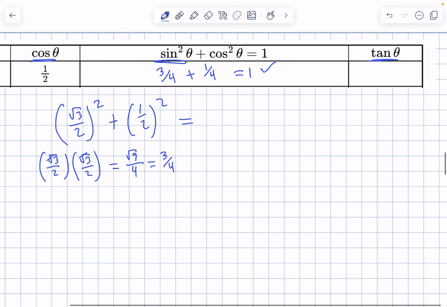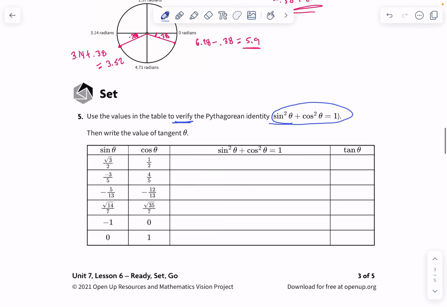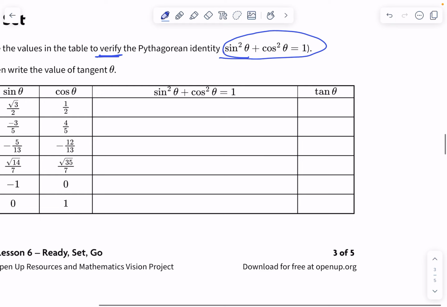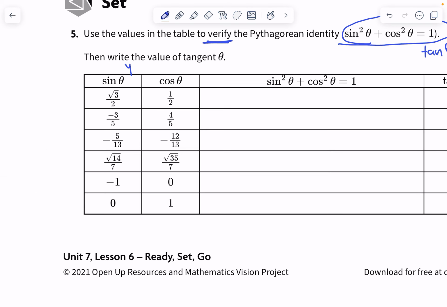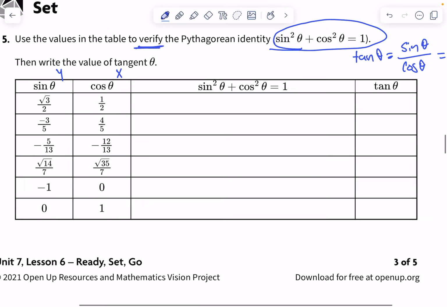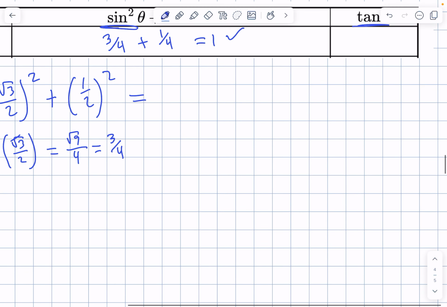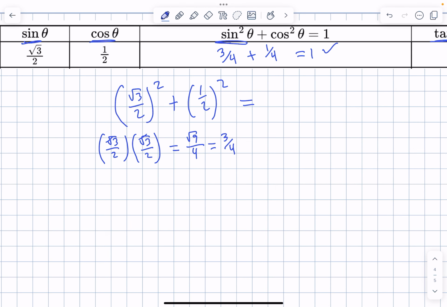And now tangent of theta. This is important. I'll write it over here. I know that tangent of theta is equal to sine of theta over cosine theta, which is equal to y over x. Think about sine as your y coordinate and cosine of theta as your x coordinate. So tangent of theta is equal to square root 3 over 2 divided by 1/2.